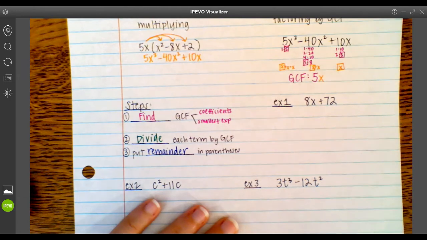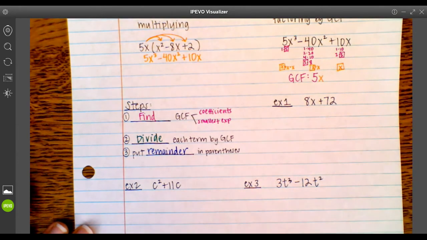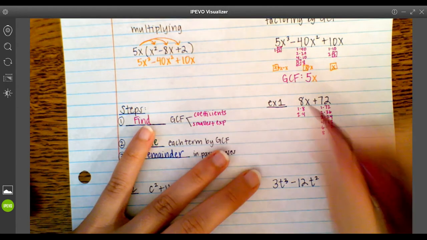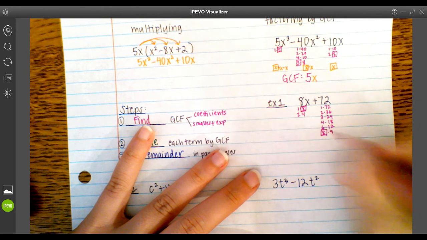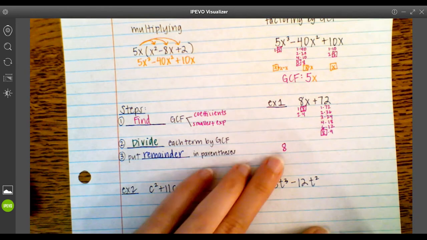So first things first, we need to figure out what are our factors of 8 and 72. Let's list them now. According to what we found, we should see that 8 is our largest factor that is in common. So we're going to pull that 8 out in front.